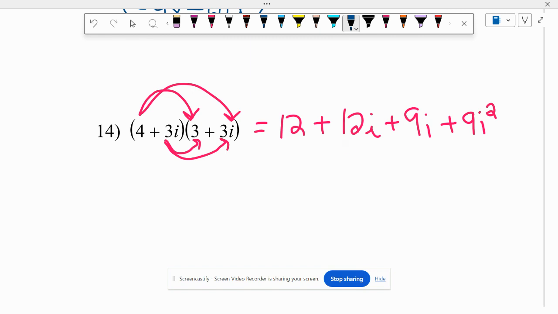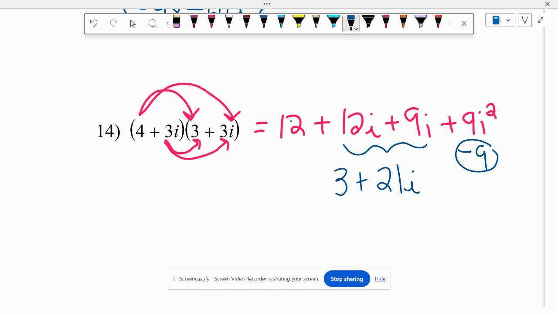What does this become in the middle? 12 plus 9 is 21i. Okay. Talk to me about this i squared. What is that? It's really negative 1. So this really is negative 9. 12 minus 9 is what? 3. Right?